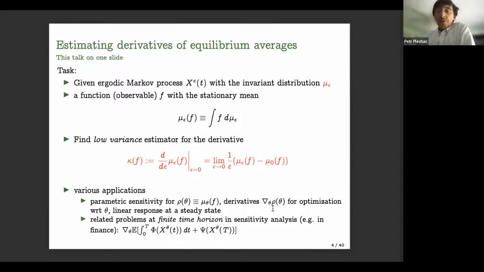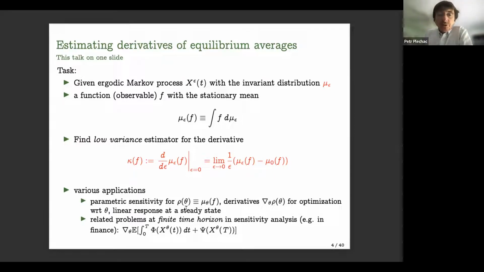We have been trying to develop this method for some problems in reinforcement learning and so on. The main focus is really on estimating these gradients and having an estimator with low variance. Ideally, variance which will not grow in time, because as I said, in practice, we have to run the underlying process or underlying dynamics for a long time, and the variance should not be increasing in time.